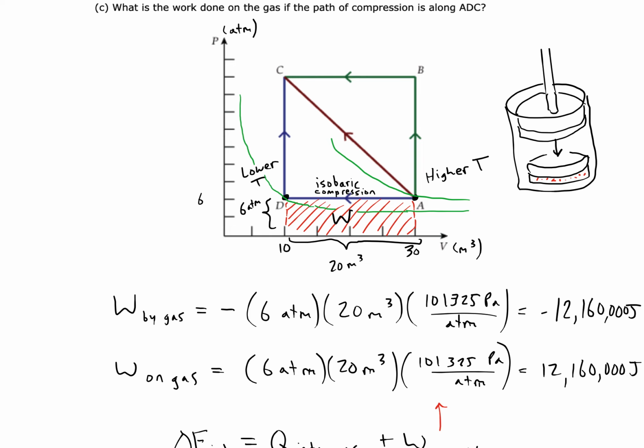With that in mind, we know that A has the higher internal energy, and this one has a lower internal energy. So somewhere between A and D, there was a bit of loss of energy of the gas.